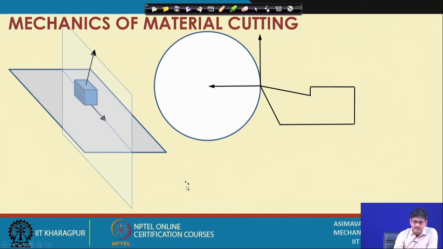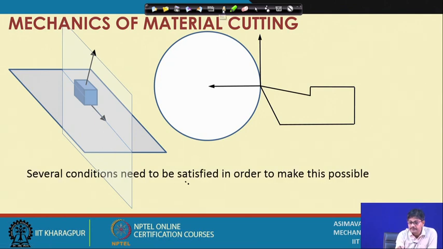So, next, when the chip is coming down the orthogonal plane, okay, and there is no angle on this side, which means, when there is no angle on this side, this is the orthogonal rake angle. If this is 0, that means sideways there is no tilt.